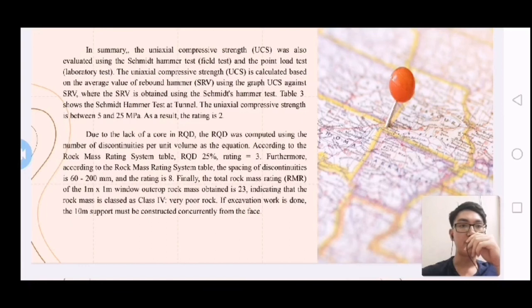per unit volume as the equation, and according to the RMR table, if the RQD is 25%, the rating is 3. Furthermore, according to the RMR table, the spacing of discontinuity is in the range of 60 to 200 millimeters, and the rating is 8.